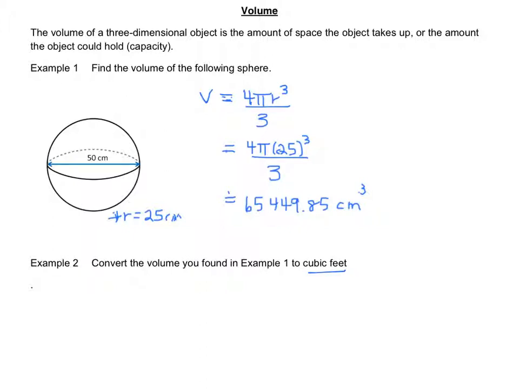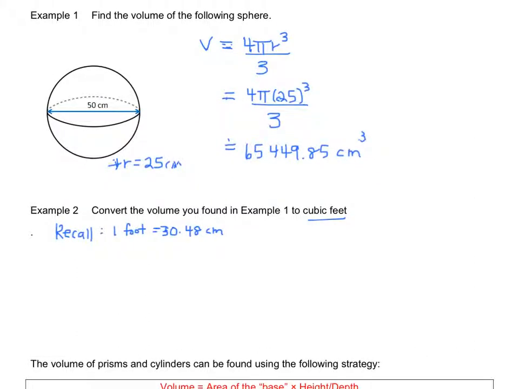So let's go back and remember the relationship between feet and centimeters. On your conversion charts, you should have a conversion from feet to centimeters. And it's 1 foot equals 30.48 centimeters. So if we are interested in cubic feet to cubic centimeters, what we could do is cube both sides of this equation.